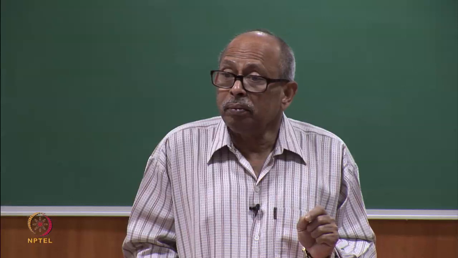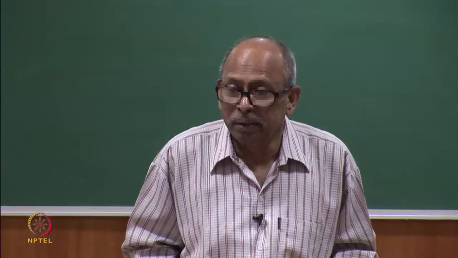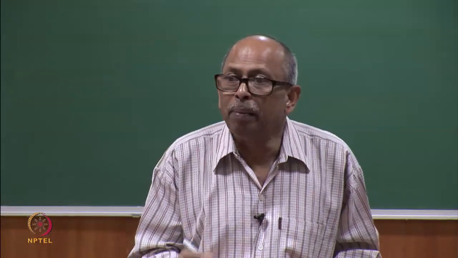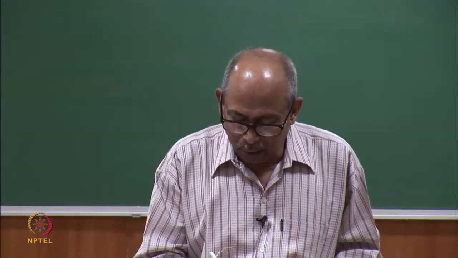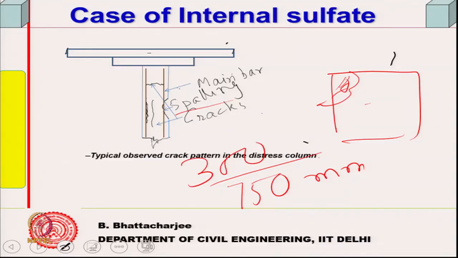Now, height is about 3 meters. So, if you see L by D, 3000 by even 750 if you take it, it is only 4. It is actually a very short column; for a long column, L by D should be 12. So, this is a short column, no buckling is possible.